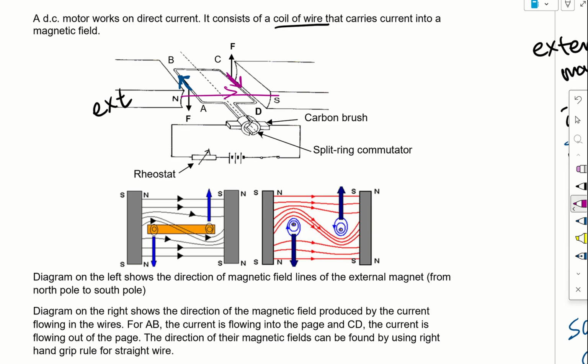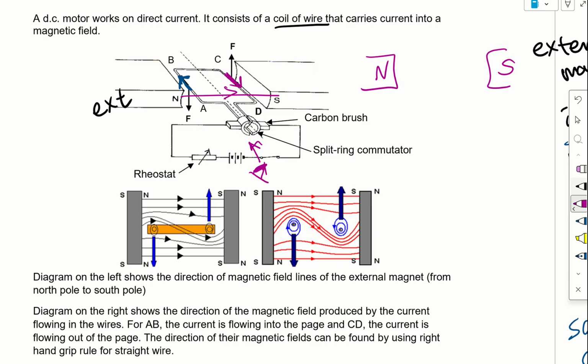So just test yourself if you know the direction of the force on AB and on CD. I'm going to use AB as an example. I can convert it into a 2D diagram. So this is my north and this is my south. If I were to look at the coil or the motor in this direction, I will not see AB lengthwise, because this is a 3D diagram.